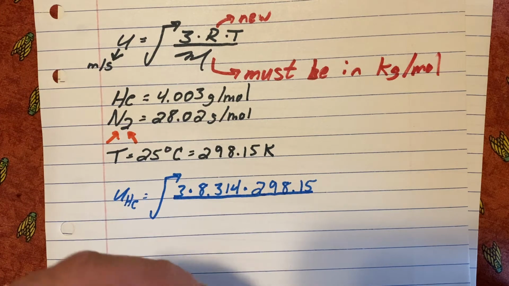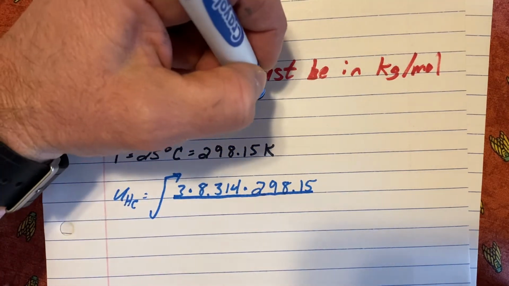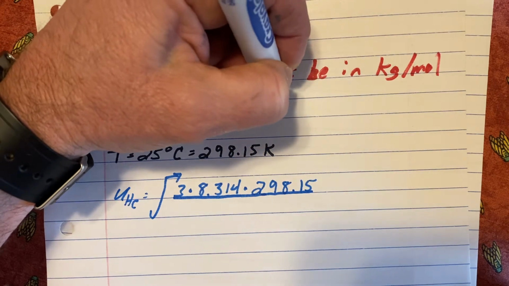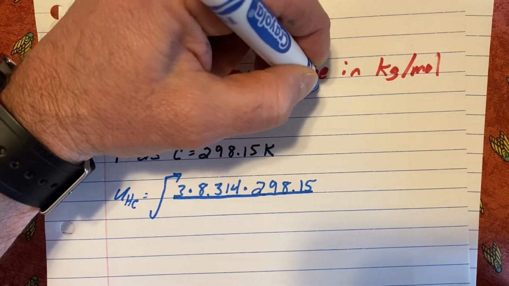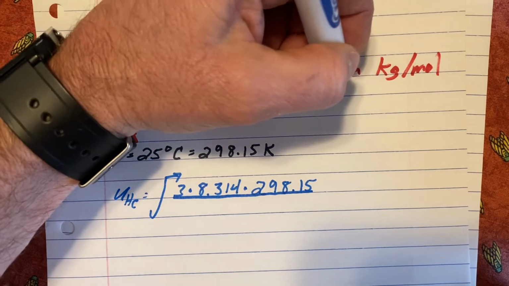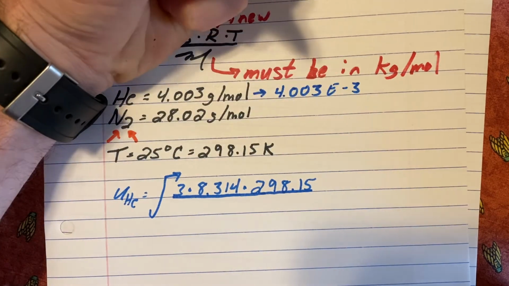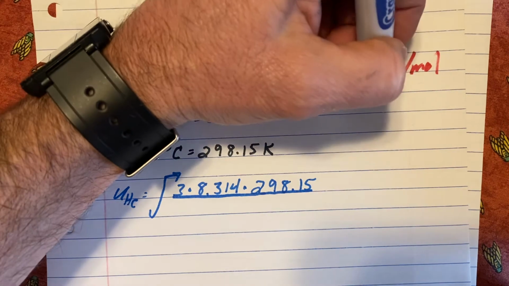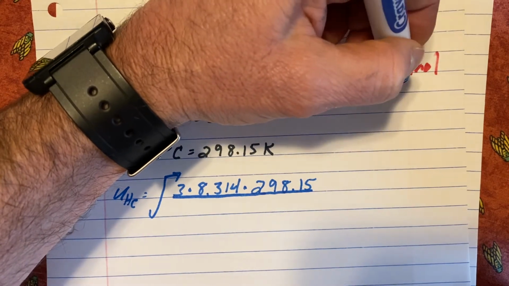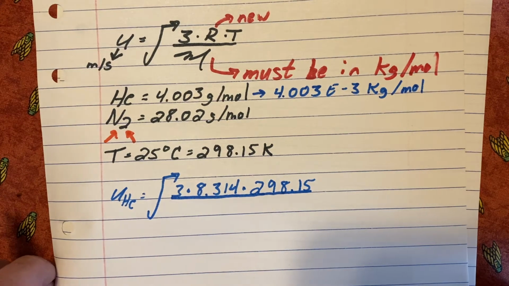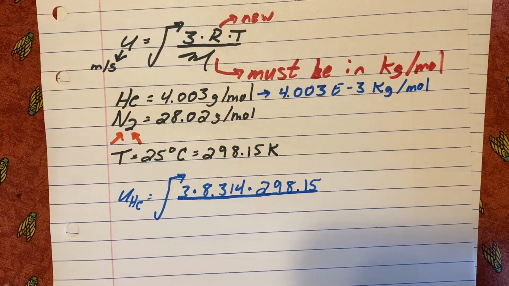So here's how we're going to do that. This will just be 4.003 times 10 to the minus 3. There, I just moved the decimal place over 3 times and changed it to kilograms per mole. Don't we just like the metric system now? Because that's all you have to do.